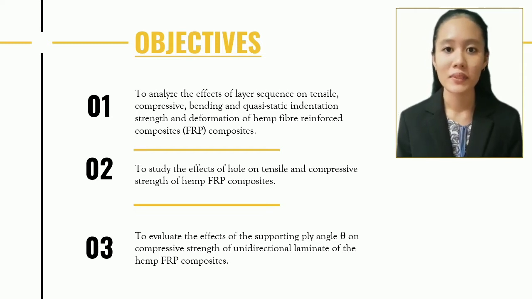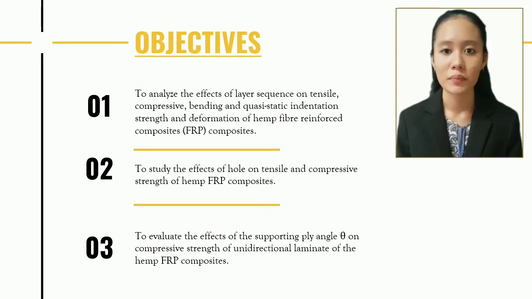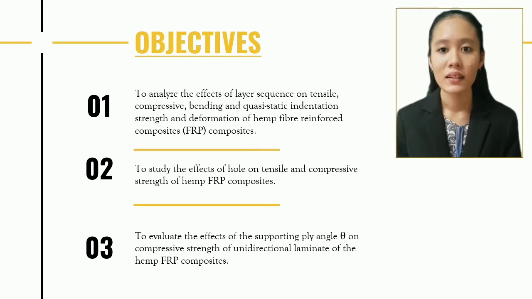The second objective is to study the effects of a hole on tensile and compressive strength of hemp FRP composites. The third objective is to evaluate the effect of the supporting ply angle on compressive strength of unidirectional laminate of the hemp FRP composite.